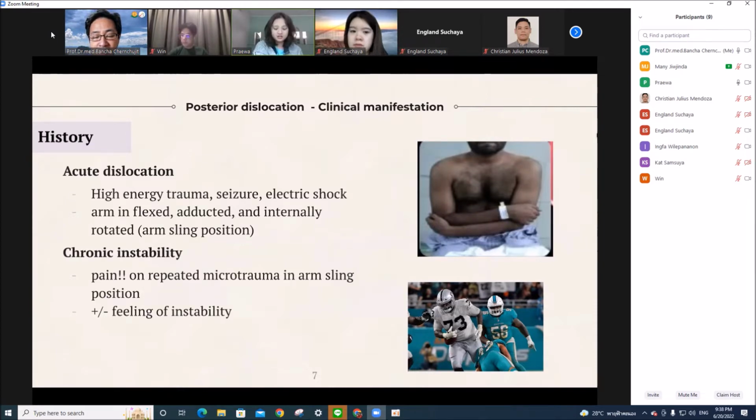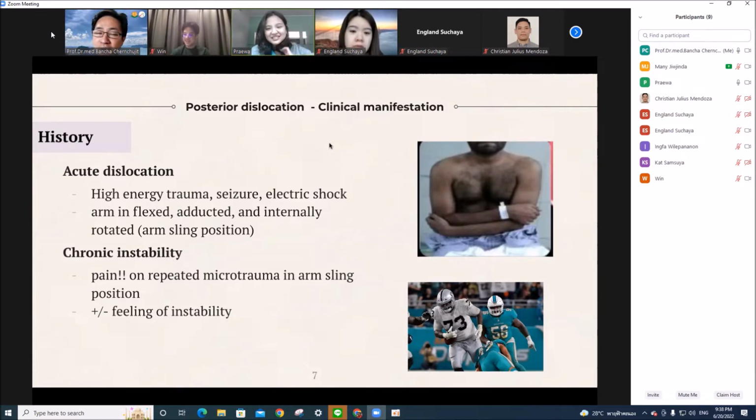Is it the left or right side? I think it's the right because the shoulder is going down. I don't know which side, left or right, because it looks the same. Yeah, but look carefully.